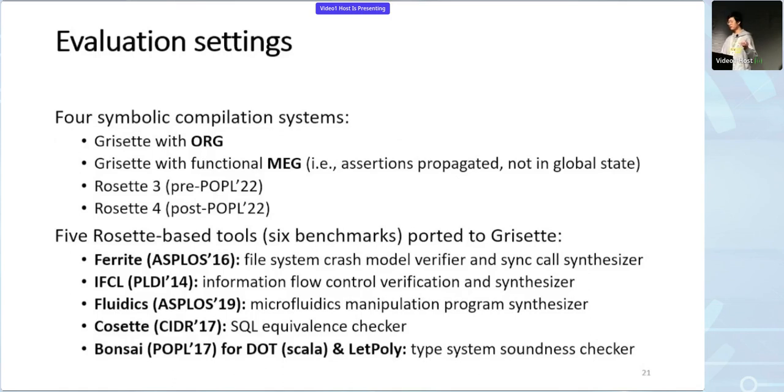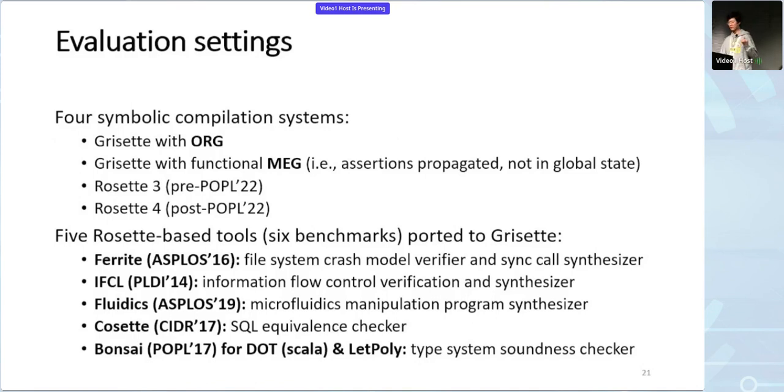We compared Grisette with Rosette before and after POPL'22, as they have very different handling of assertions. And to avoid the impact of language performance and to evaluate mag in a purely functional scenario, we also compared it with a variant of Grisette that is implemented with mag.